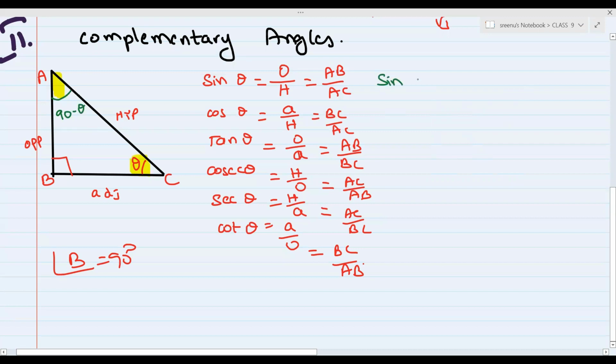So our task is to define these values now: sine 90 minus theta, tan 90 minus theta, secant.